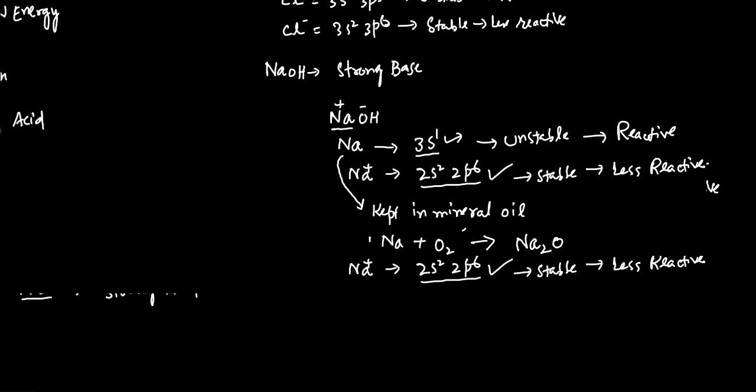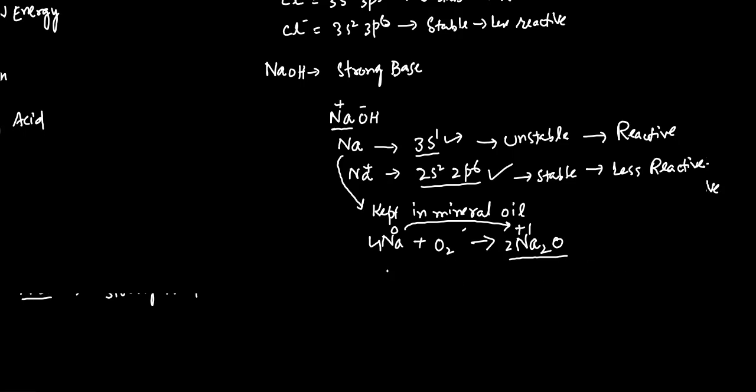Okay, so we can do this just to balance the reaction. It forms sodium oxide, because here sodium is in the plus one oxidation state, and from 0 to plus 1 it always tends to get this state, as I already explained why. And in the case of water, sodium is also very reactive with water.